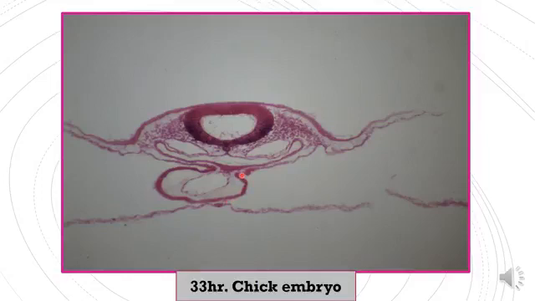A single heart tube is suspended by a dorsal mesocardium. And this is the intraembryonic cavity.